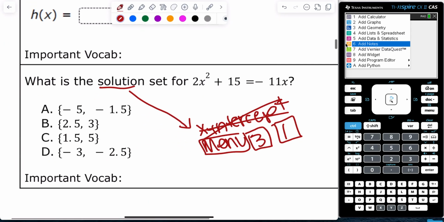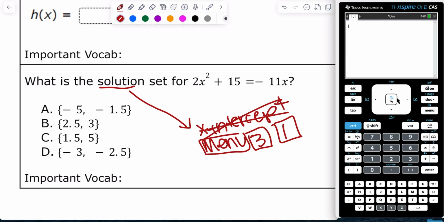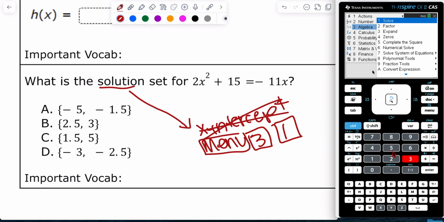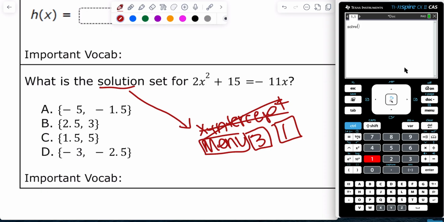So now, if I know solution means x-intercept and that didn't work, now I'm going to try menu 3, 1. So I'm going to go back to my calculator. I'm going to type menu 3, 1. And I'm going to do 2x squared plus 15 equals negative 11x. And remember, we're doing comma x. That's the part we always forget, that comma x part. Enter.